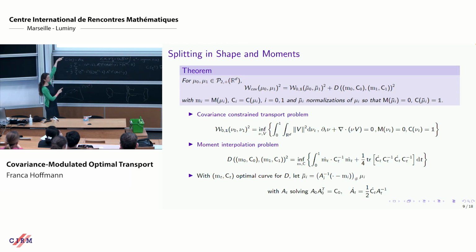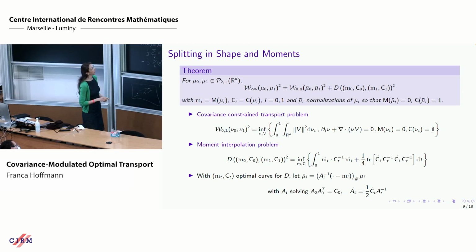And then, of course, there's a relation between the two. In particular, if you take an optimal curve for the actual distance, the W-cov, and you normalize it, so you shift it so that the mean is 0, and then you multiply it with a matrix so that it will be covariance identity, then that is actually an optimizer for this constraint optimization problem, right?